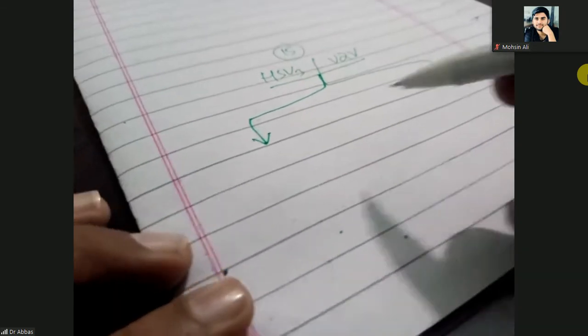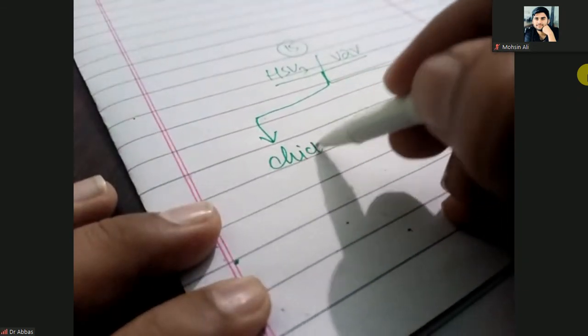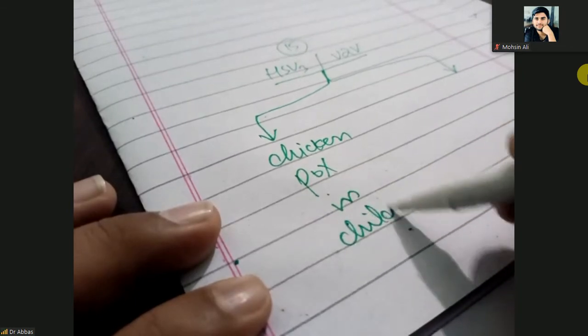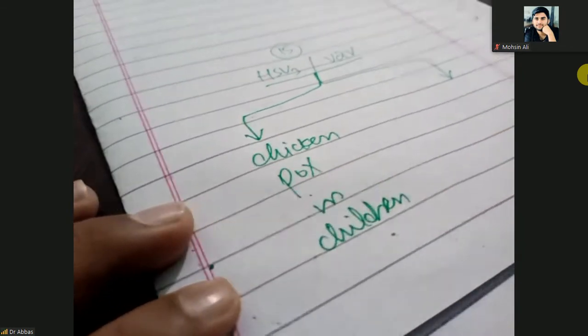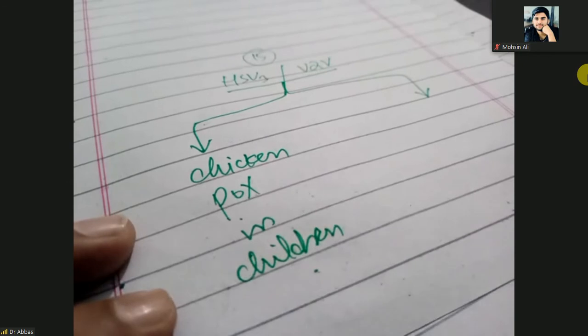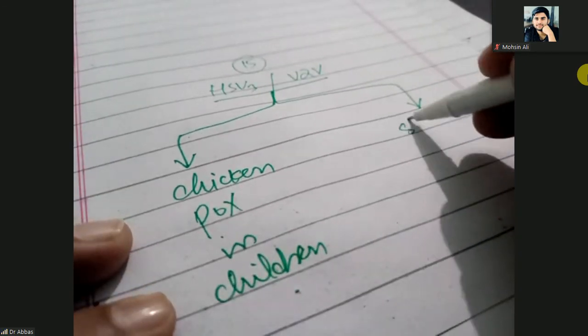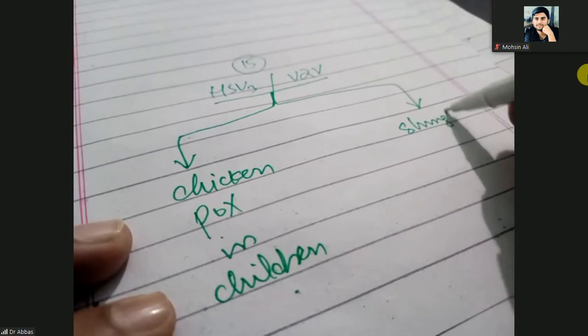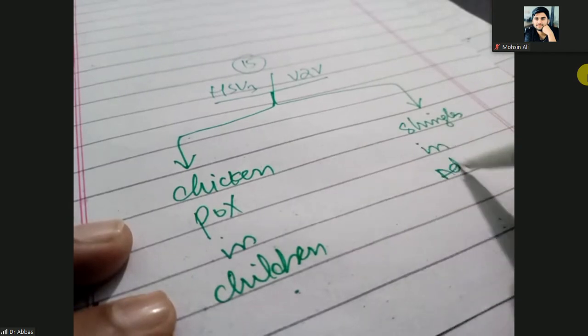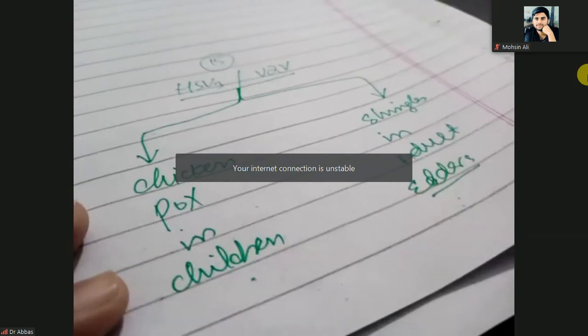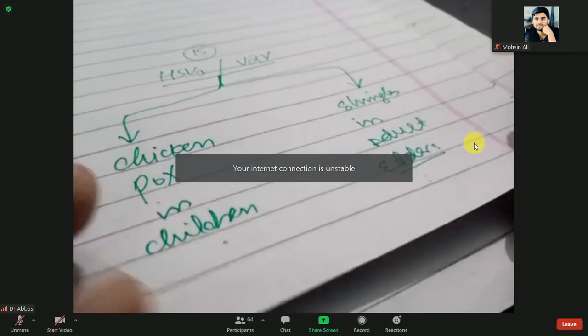One infection is the chickenpox. Chickenpox in children is due to the VZV or the HSV3, and it also causes shingles in elders. Okay, and shingles are the herpes zoster.